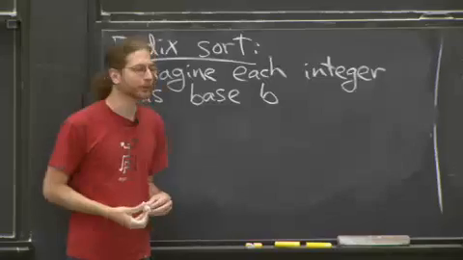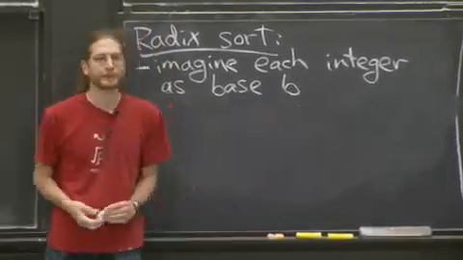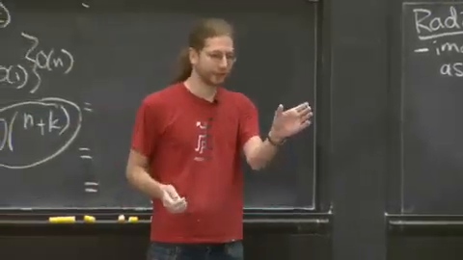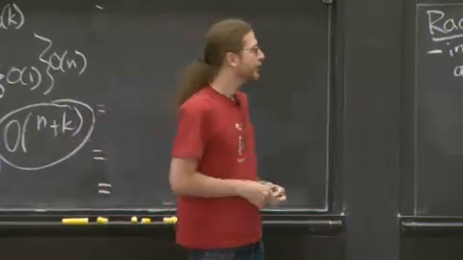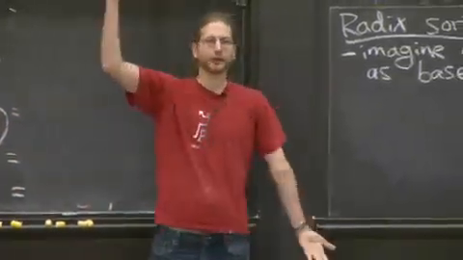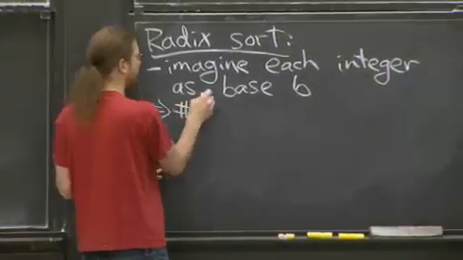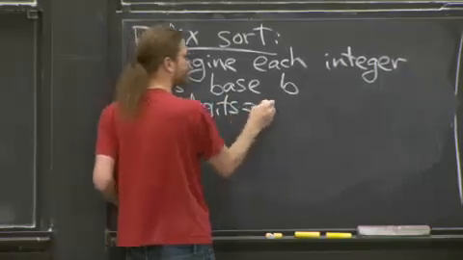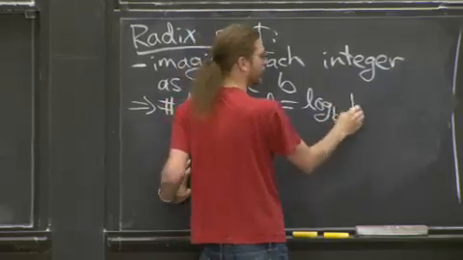Well, the way we normally write down numbers, except not necessarily in decimal, in some arbitrary base b. So when I say, oh, integer in base b, well, then there's the least significant digit, and then the next one, and the next one, and the next one, some sequence of digits. And if I know that the maximum value is k, I know that the number of digits, which I'm going to call d for each number, is just log base b of k.